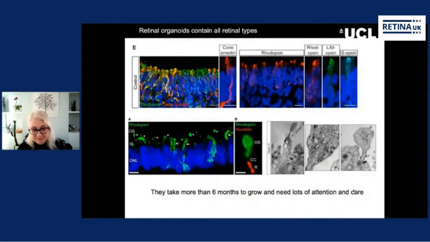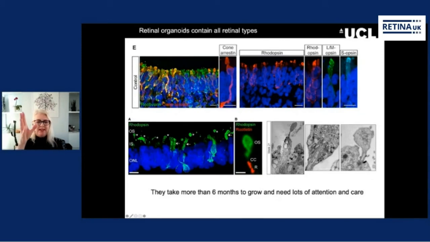I just want to show you some details of it, some really close-up images using microscopy. Hopefully, when we look closely at these retinal organoids or these retinas in a dish, what you can see here is all the different cell types that you would expect to see in a human retina are there. We can see rod photoreceptors, we can see cone photoreceptors, the blue ones, the green ones, and the red ones. And we can see what we're calling here rudimentary outer segments.